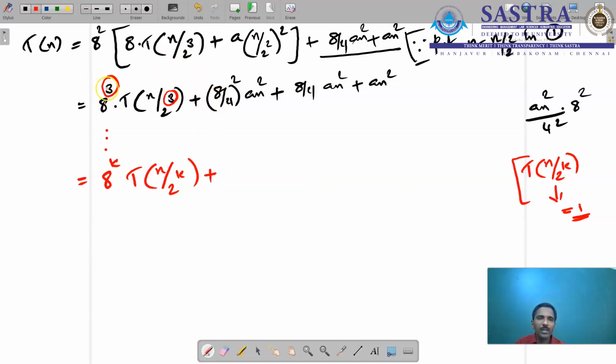If this is 8 power k, the next term is (8/4) whole power k minus 1 into a n². This is important because 8 power 3 previously meant (8/4) whole square into a n².